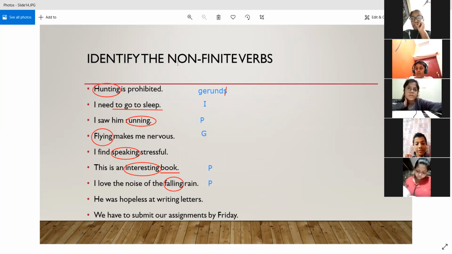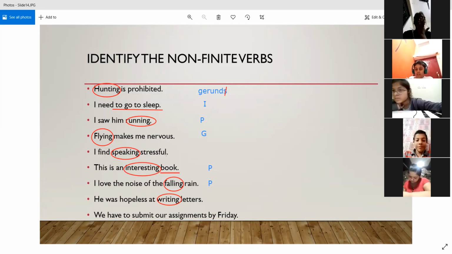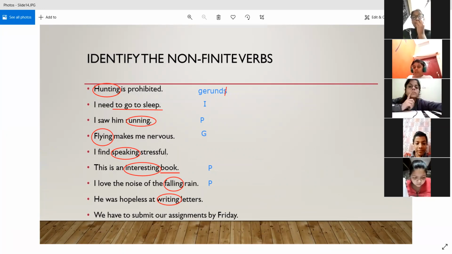So writing over here is acting as a noun, because he is not actually writing, he is not actually doing the role of writing, and you can see that this writing is also not describing any noun, right? So it is not playing the role of an adjective also. And what is the use of an adverb?